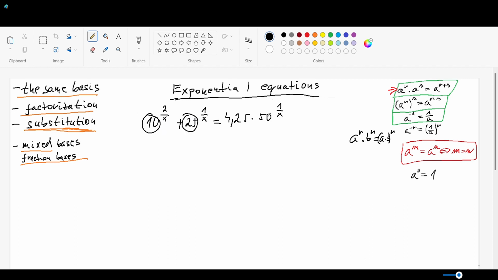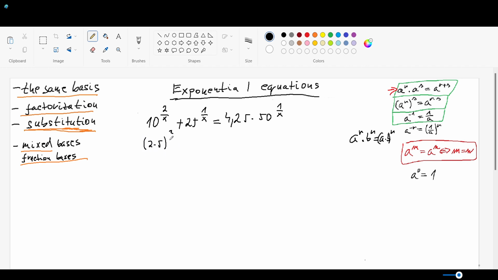In this case, if you think about the bases, the numbers 10, 25, and 50, you can see that all of these bases are multiples of the number 2 and the number 5. So you simply start playing around with these multiples, and you try to find out what the solution could be.